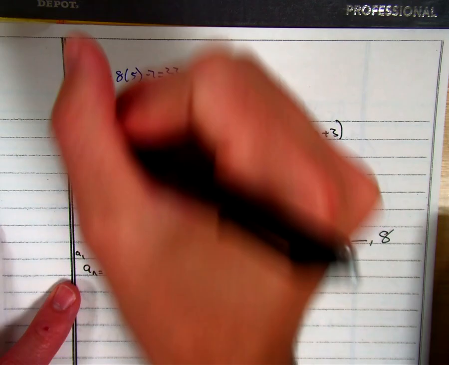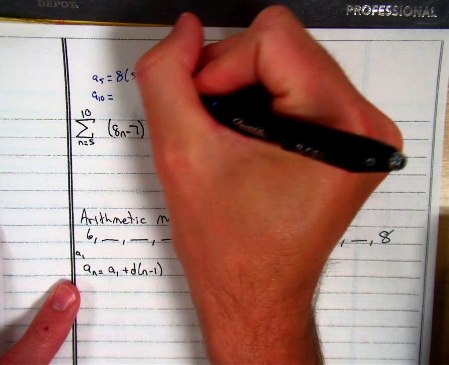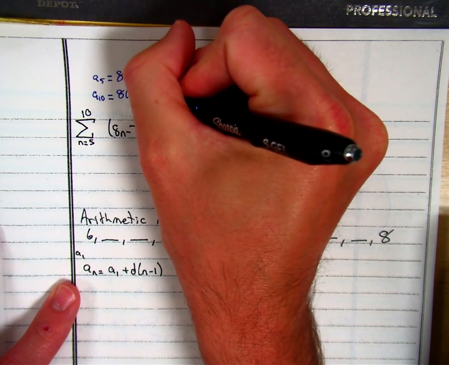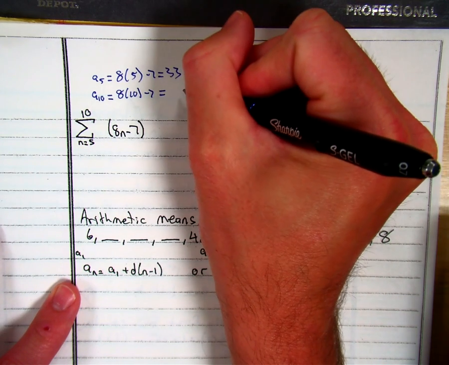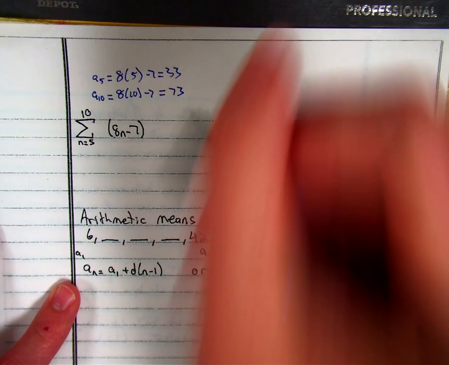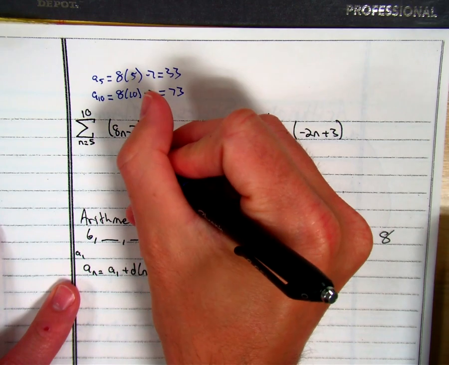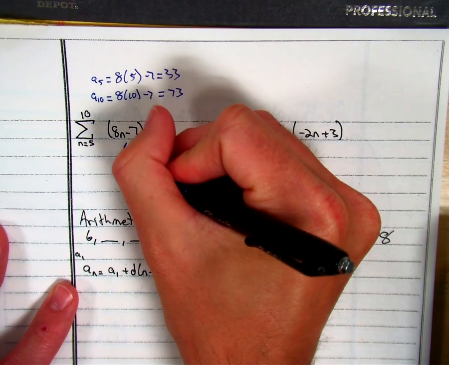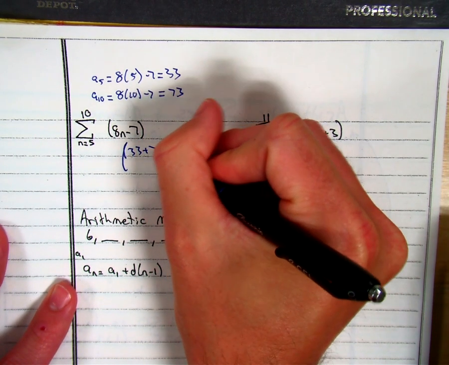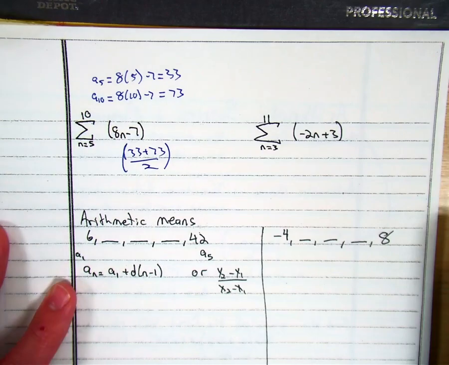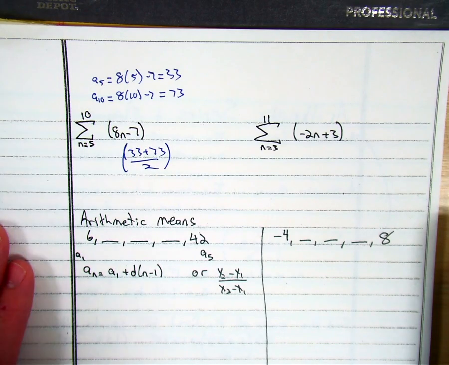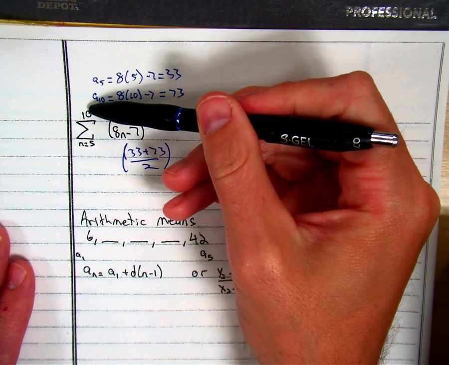And then if I plug in 10, A10 is going to be 8 times 10 minus 7 for 73. So the whole first plus last divided by 2, not a big deal. But the number of terms, it's not 10 because I didn't start with 1.